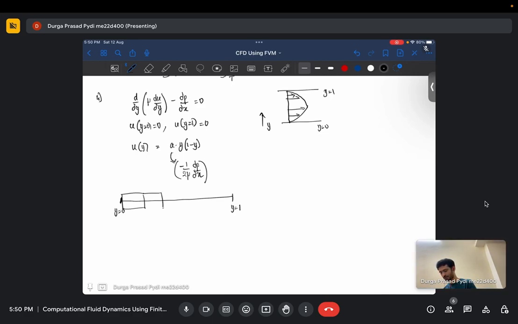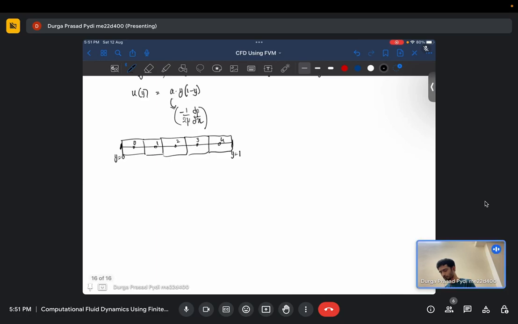So you have some domains. These are essentially your cell centroids, where your dependent variable, like u, will be known. So say 0, 1, 2, 3, say 4. You know the value of u is 0 at this end and 0 here.